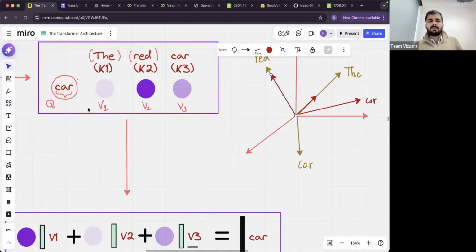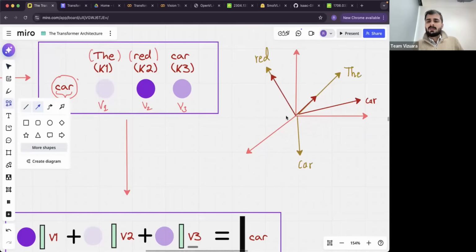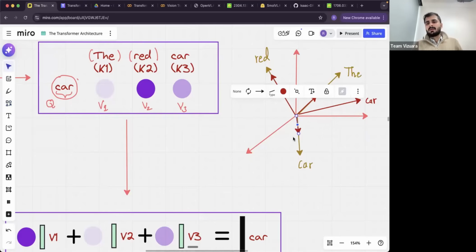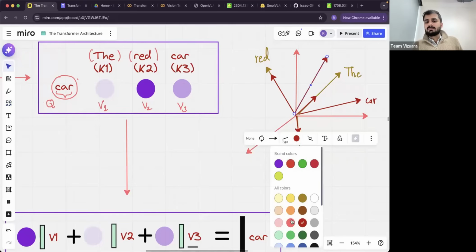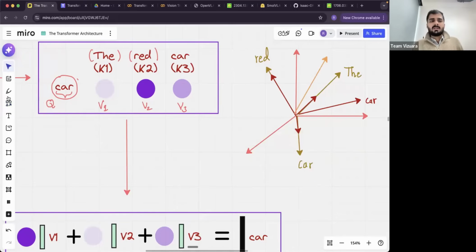It looks like this. And you look at the third value vector, you multiply it by again a slightly strong attention score. It looks like this. And cumulatively, you add these vectors together, you get a vector which looks something like this. Now, this is the context vector for car. This is how the vector gets transformed from here to here. And this layer is called the cross attention layer.